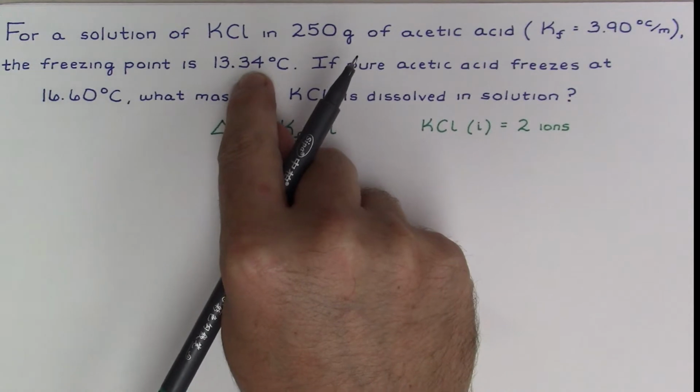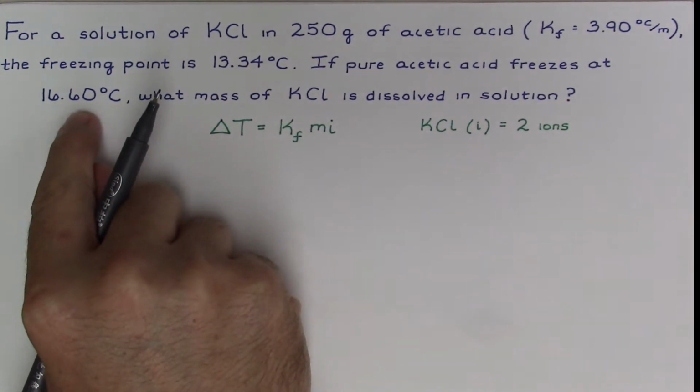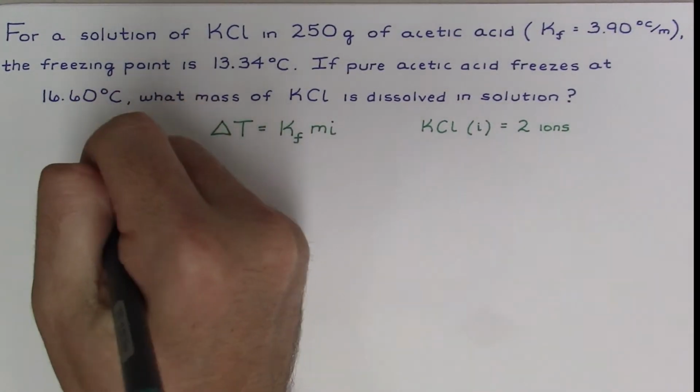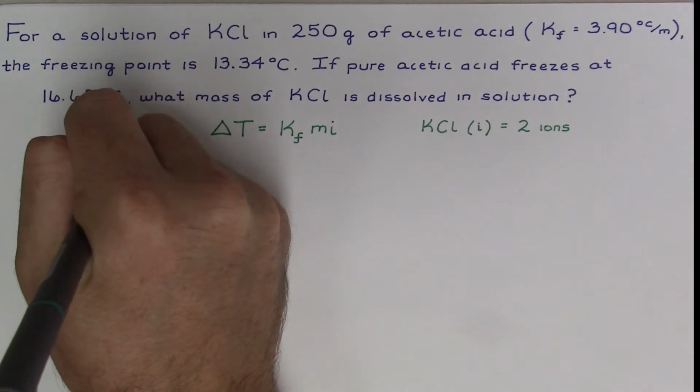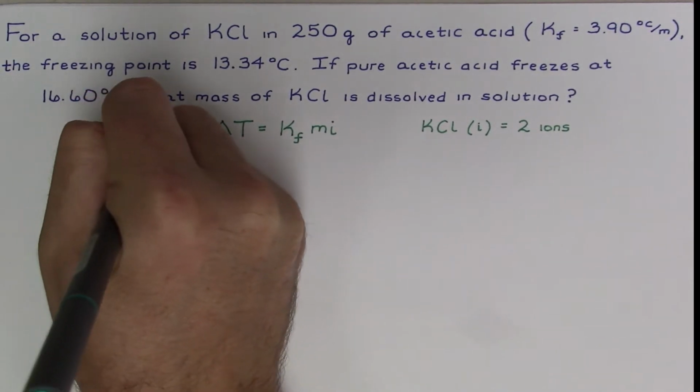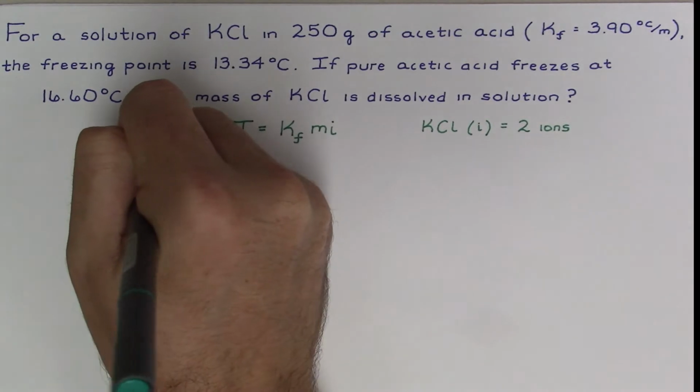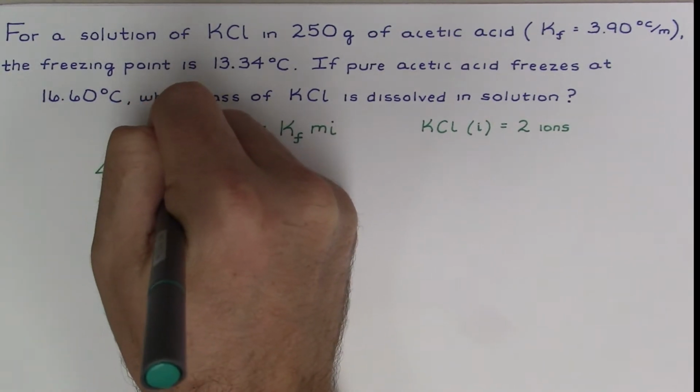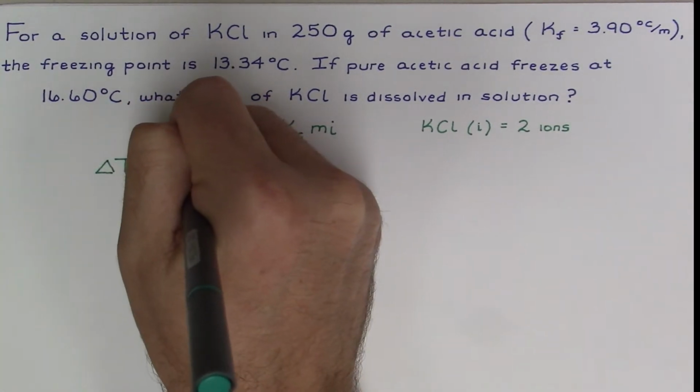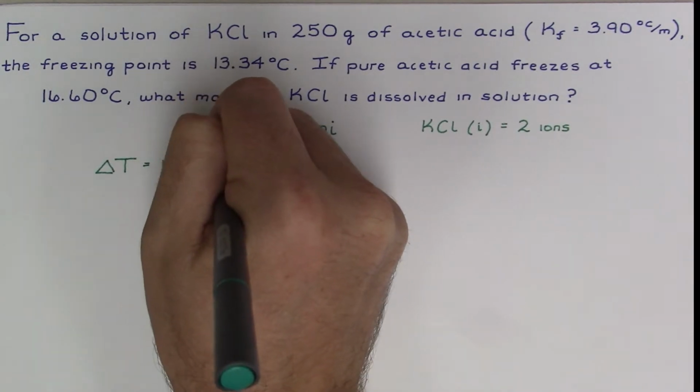So now we must determine our change in temperature. This can be done by taking the difference of the two. While many of you are used to final minus initial, that will provide a negative answer, and we cannot have a negative molality.